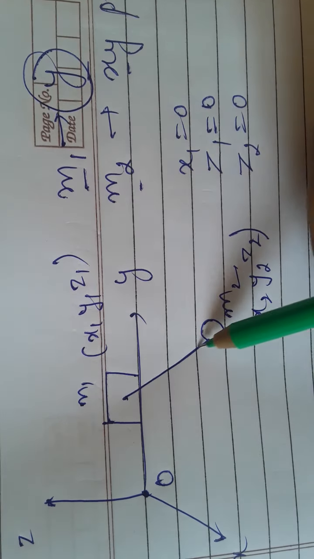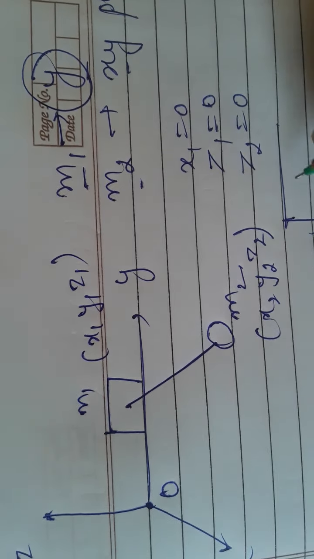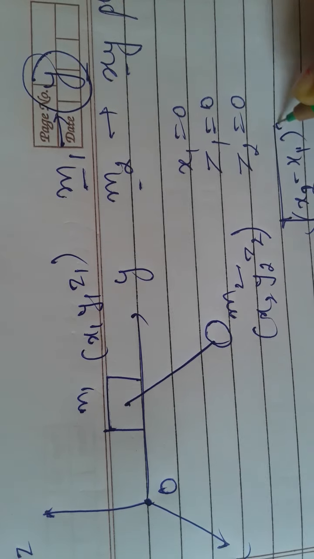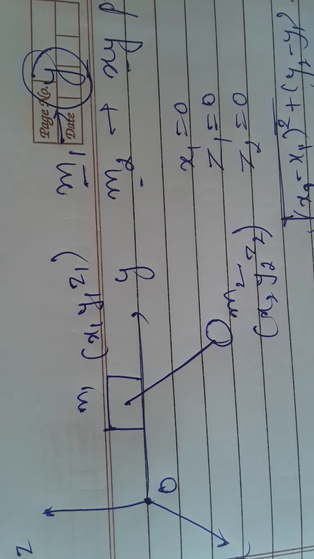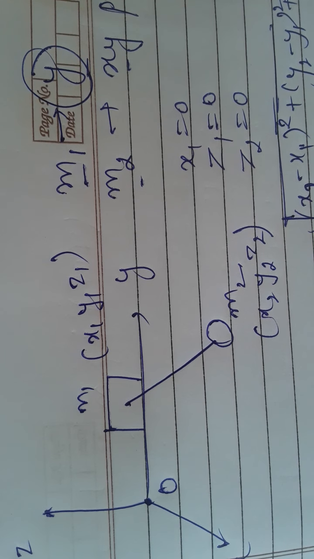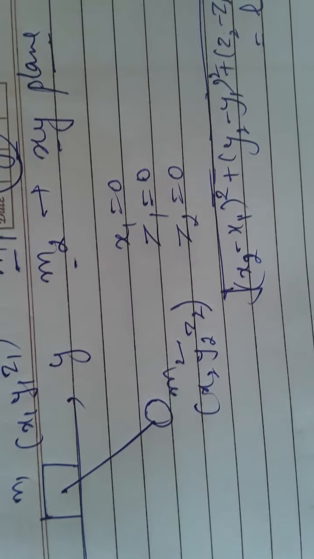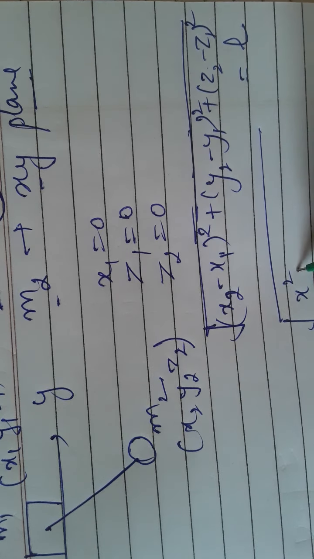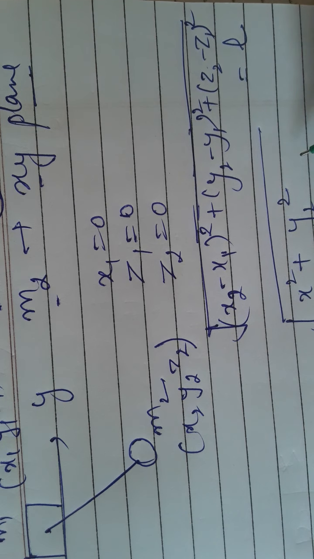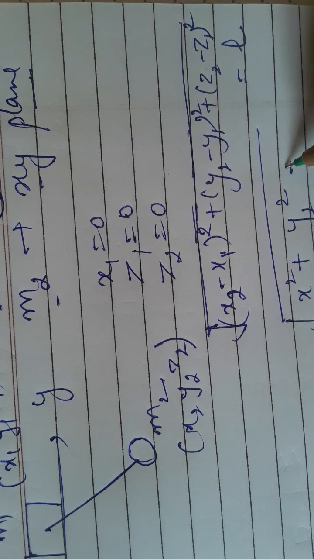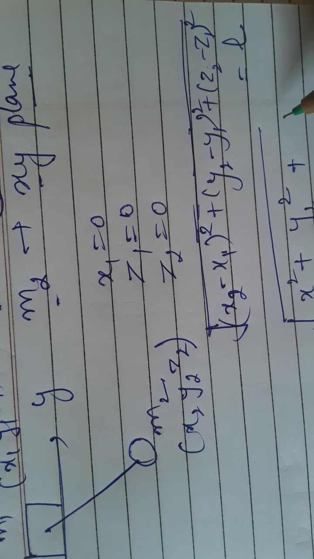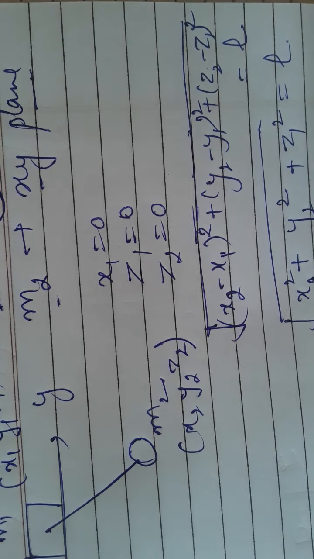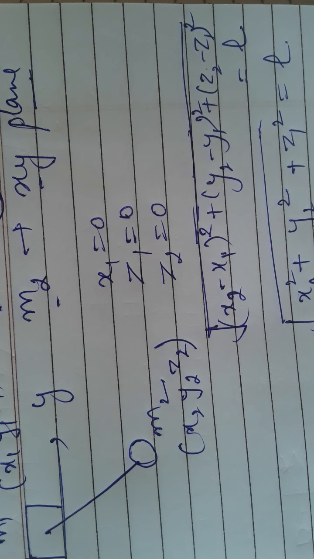And they are connected through a massless string. So you can write (x2 minus x1) whole square plus (y2 minus y1) whole square plus (z2 minus z1) whole square is equal to L. Whatever is 0, put 0. So it will become x2 square plus y2 minus y1 whole square, plus z1 square, equal to L. Okay.